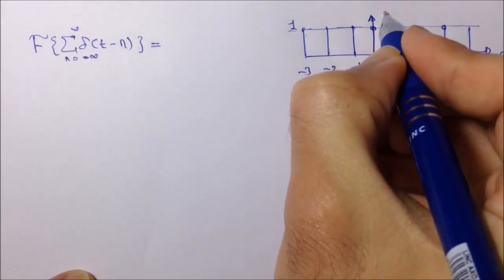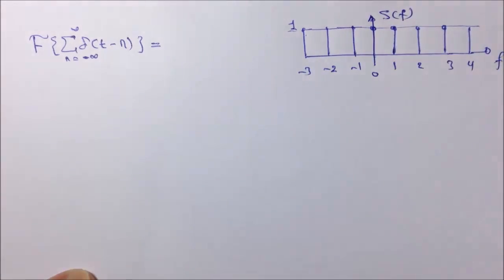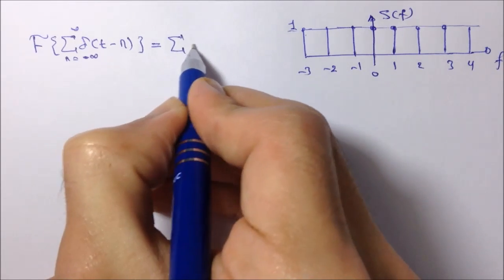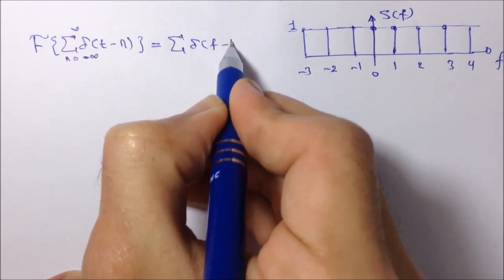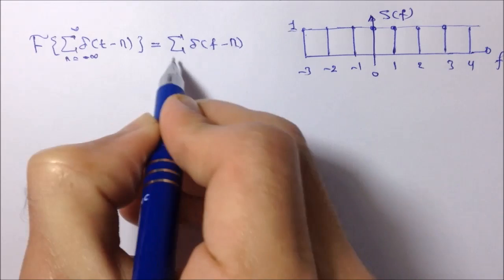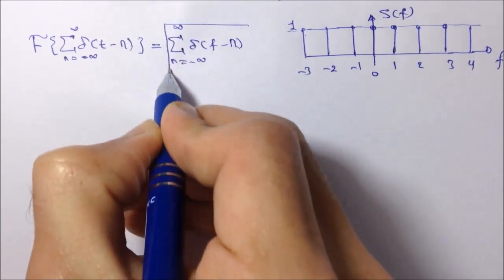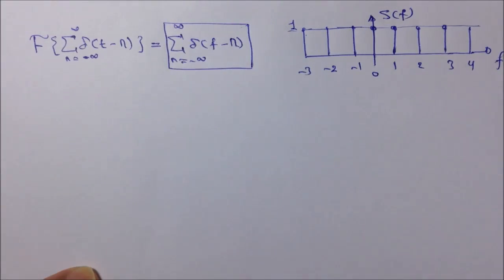So this is S of f, which can be analytically expressed by summation delta of f minus n, from n equal minus infinity to plus infinity. So this is the spectrum of the sampling train.